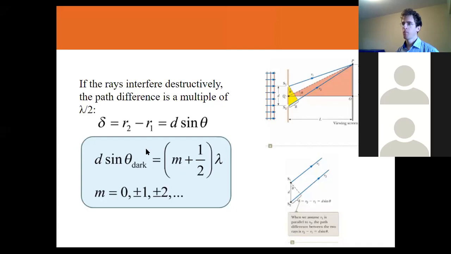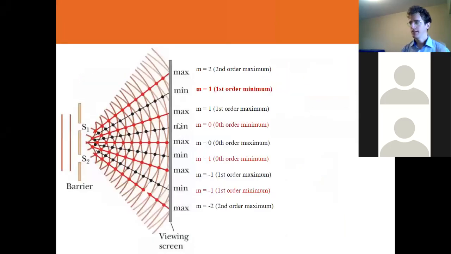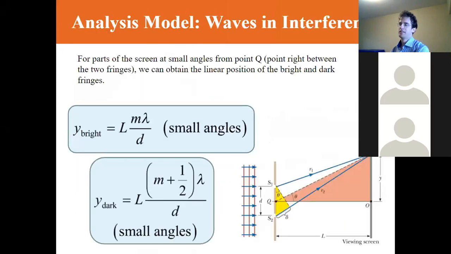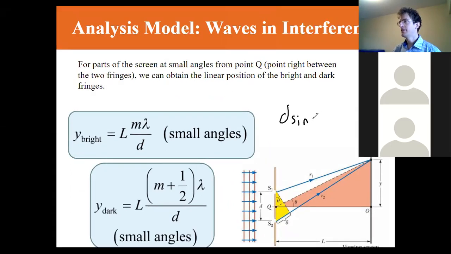So here you go, just talking about the order of the fringes. The index m is centered at 0 and then increases as you go up and down, or left and right, away from the center. The spacing between the fringes is approximately linear. This formula is not on your formula sheet, but basically for the small angle approximation, if you look at the setup, we know that the path difference is d sine theta.